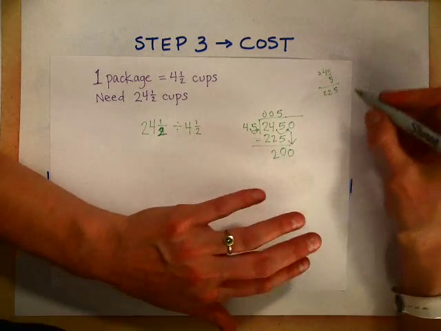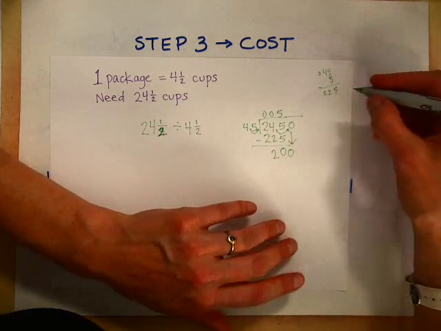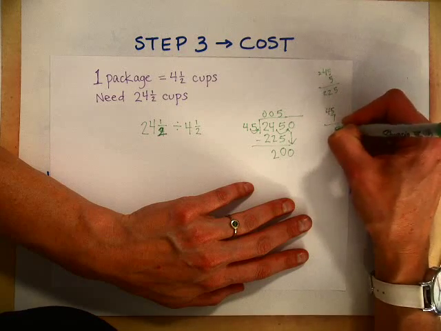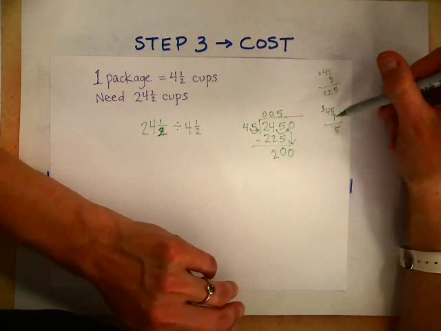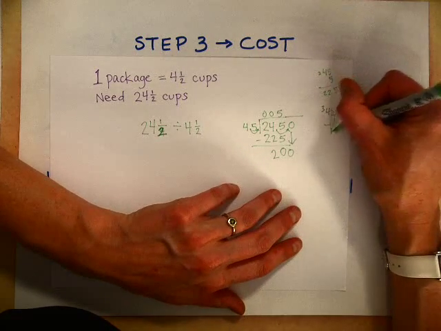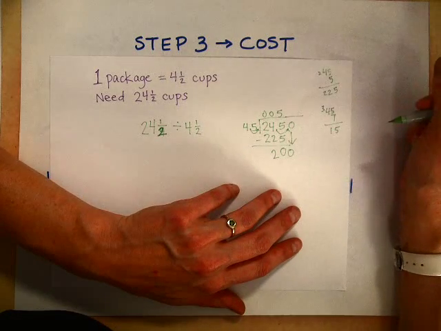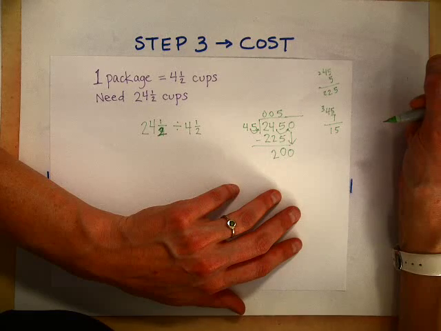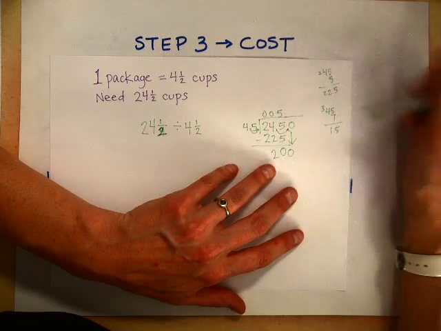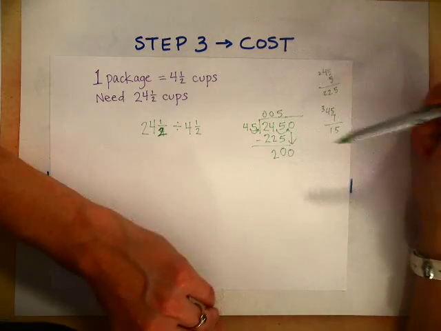So that's probably a 7? Yeah, it's probably 7. 45 times 7... Wait a minute. That can't be right. Oh wait, what am I doing? Never mind. What am I thinking? It's smaller than 245.